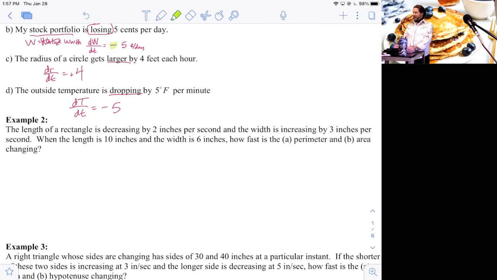But the moment in time is not going to say when t equals. It does start usually with when. So when the length is 10 inches and the width is 6, you're going to be referenced a moment in time by a certain condition that usually deals with some type of quantity. How fast is, at that moment, the perimeter and the area changing?